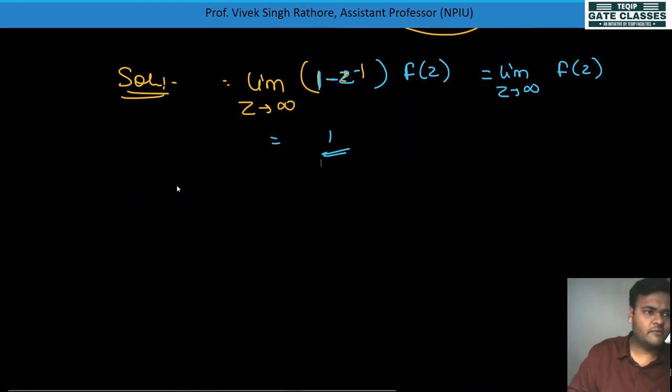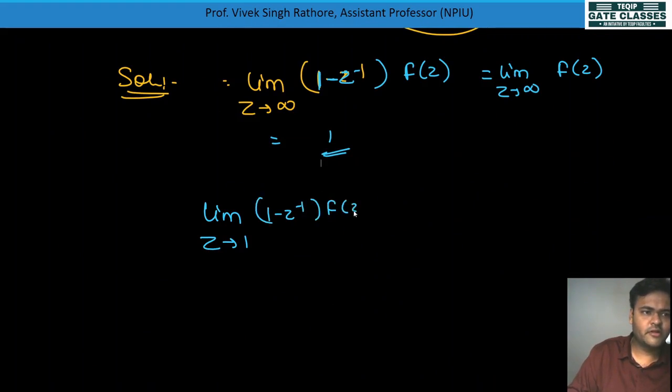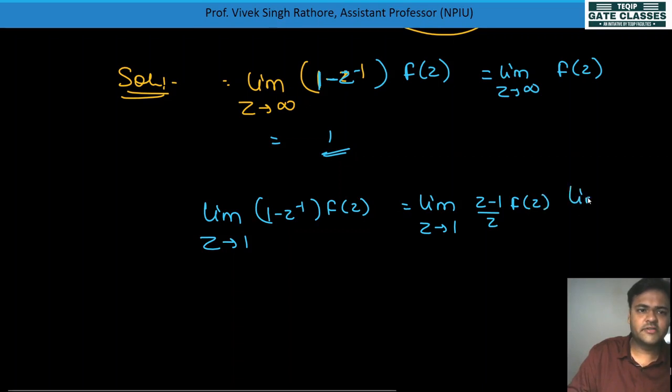For the final value, you will keep limit z tending to 1 of 1 minus z inverse f of z. It can also be written as limit z tending to 1 of z minus 1 by z times f of z, which is equal to limit z tending to 1 of z minus 1 into f of z.